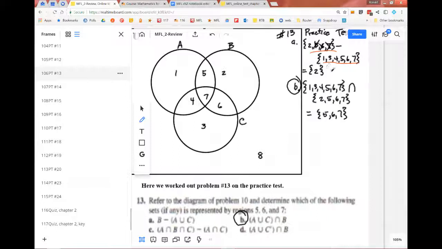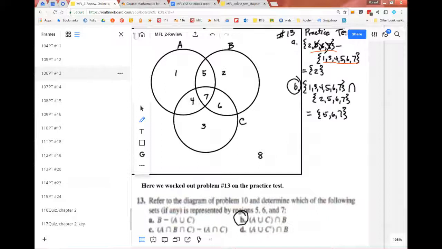Right, except when you're removing, how do you remove a 1 from a set that doesn't have any? You can't. You can't remove something that's not there.